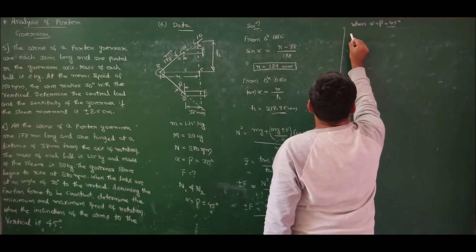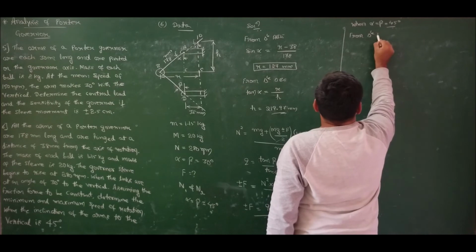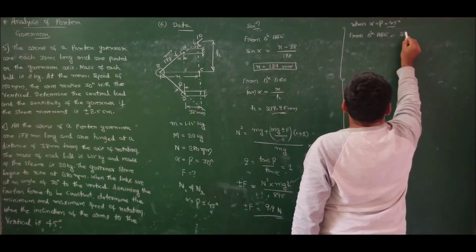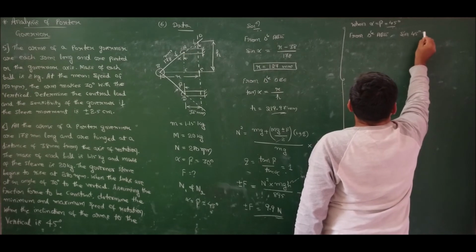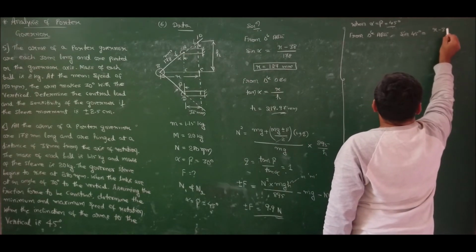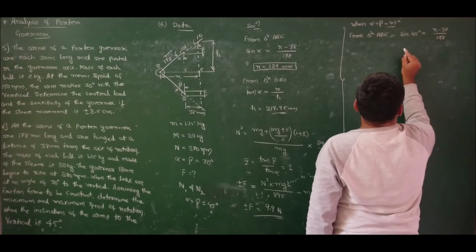So from the same analysis, from triangle ABE, I can write sine of 45 degrees is equal to R minus 38 by 178.